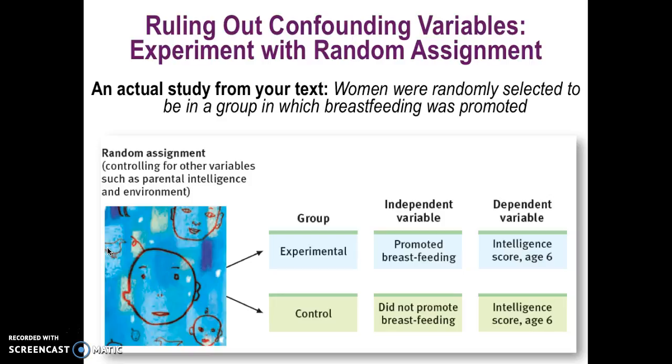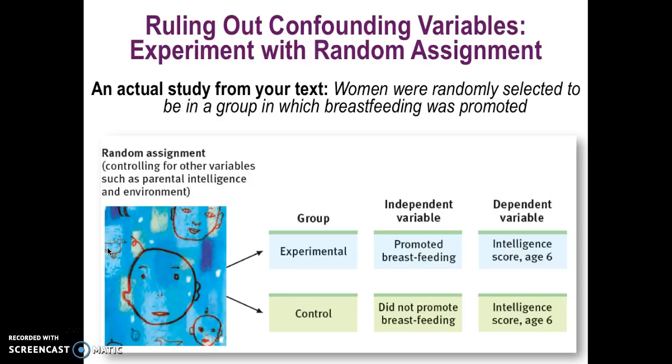So here we go, random assignment. So these women were randomly assigned into the experimental group and the control group. In the experimental group, breastfeeding was promoted, and in the control group, breastfeeding was not promoted. And what they were trying to find out is, does breastfeeding actually affect the intelligence score of the infant?